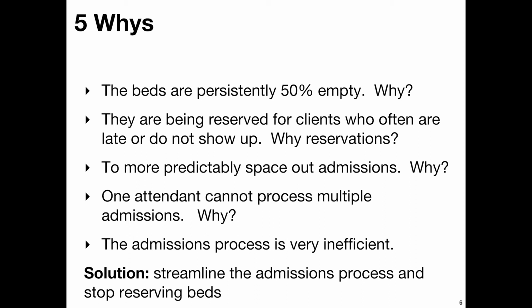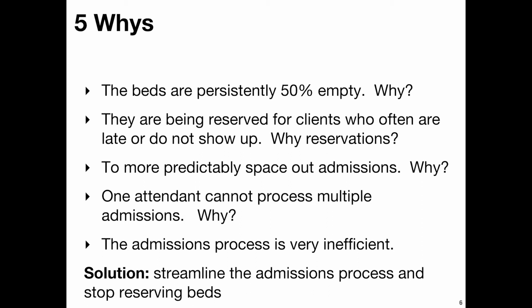And why is that? Is because the admissions process is very inefficient, with a lot of duplication of paperwork, a lot of questionable practices or practices of questionable value. So admissions were taking half hour to an hour. So you can't handle the volume of people who are just showing up randomly.